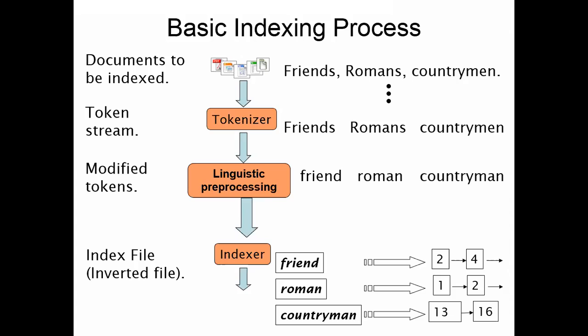Again, we prefer the inverted file because it organizes documents based on the words they contain. A given word is not only available in one document; there are many documents that contain one word.